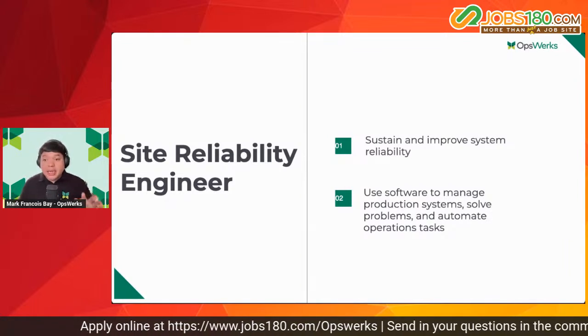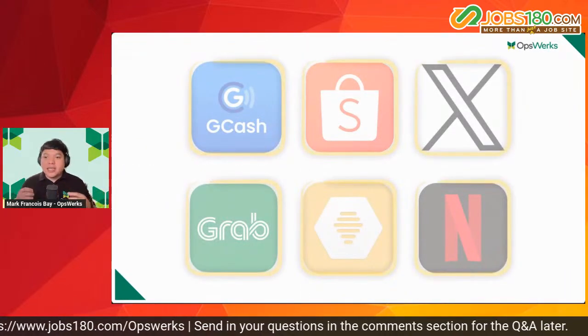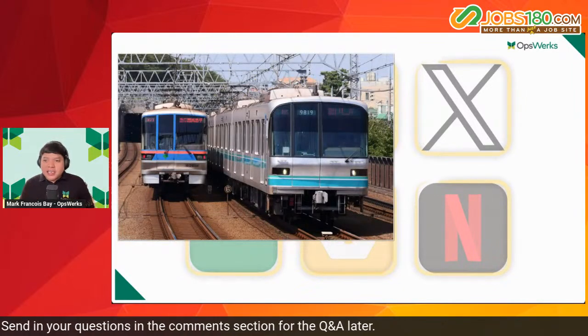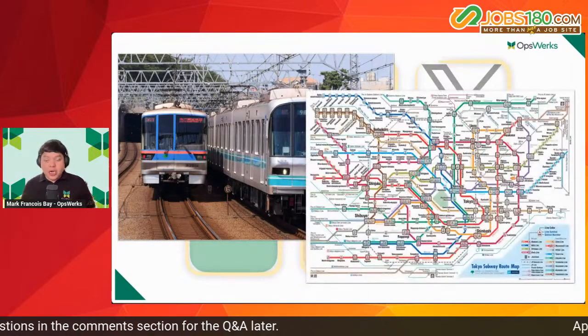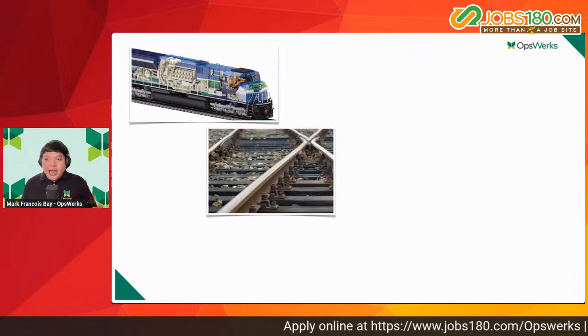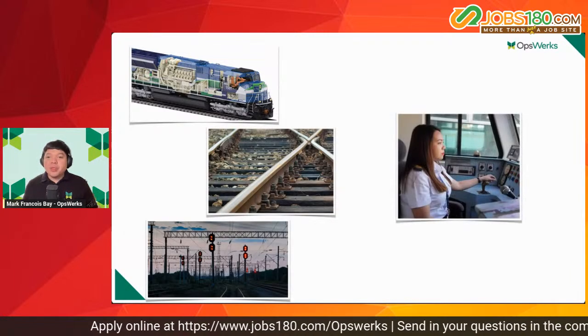So let's try to put it this way. Imagine an app or a website as a train system. Okay? So what are the essential parts to make the train work and go around? The essential parts are the train and the train's engine, the tracks, the signals, and the crew.